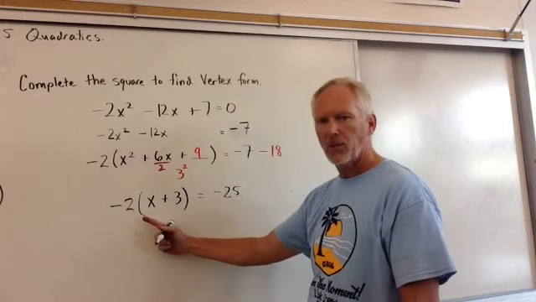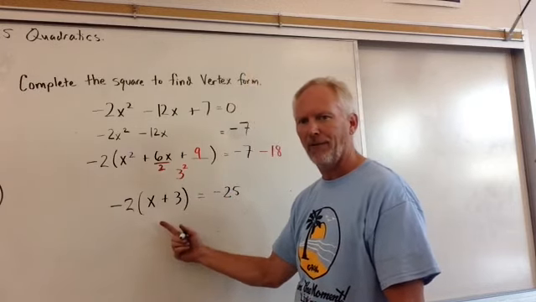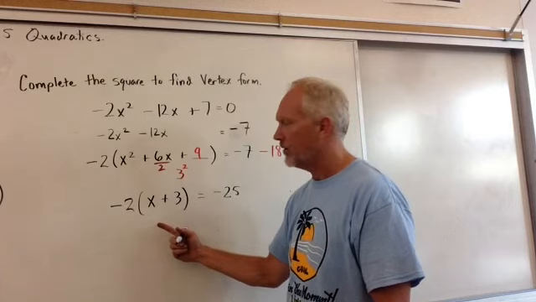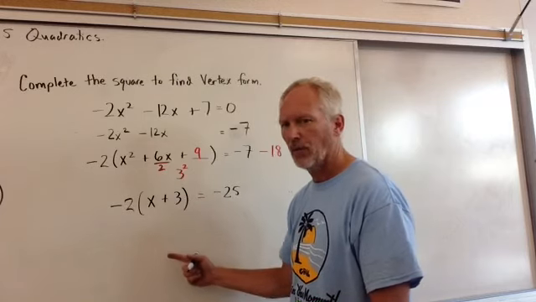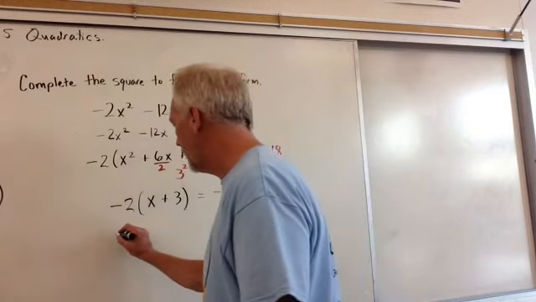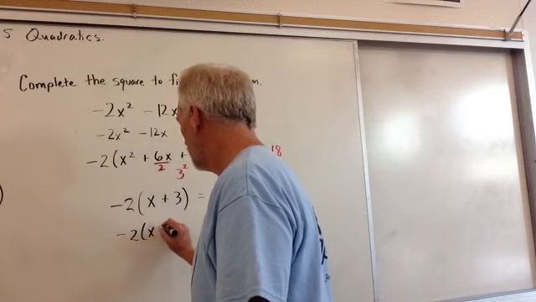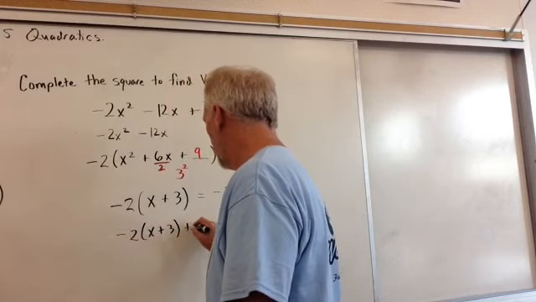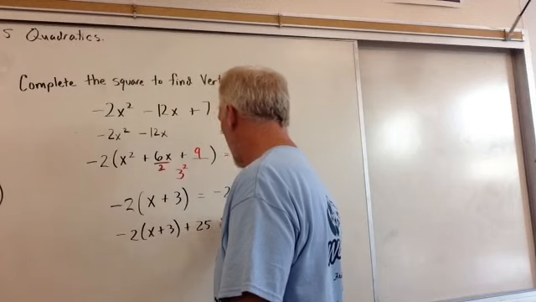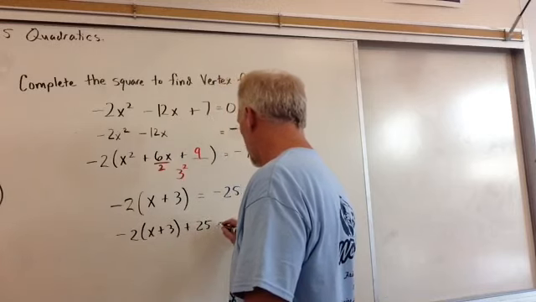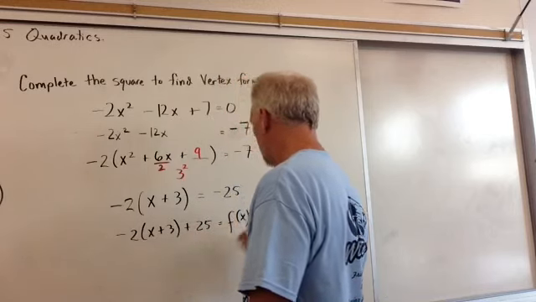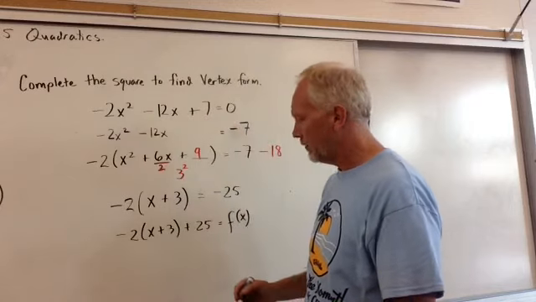But again, I'm going to bring this back over because I really want it in vertex form. So when I do that, I get negative 2 times the quantity x plus 3 squared plus 25, and that is our f of x in vertex form.